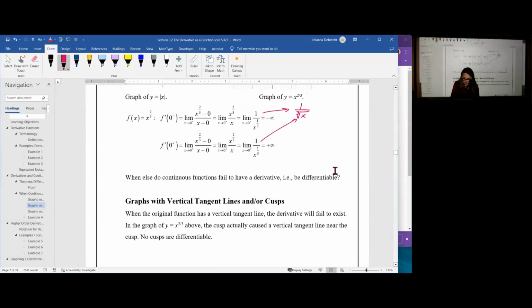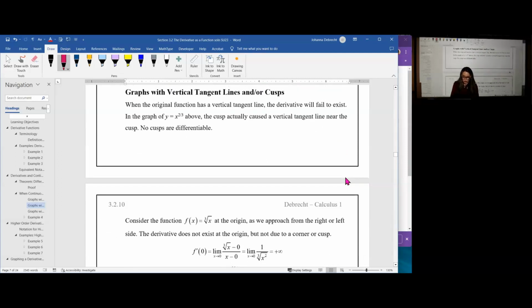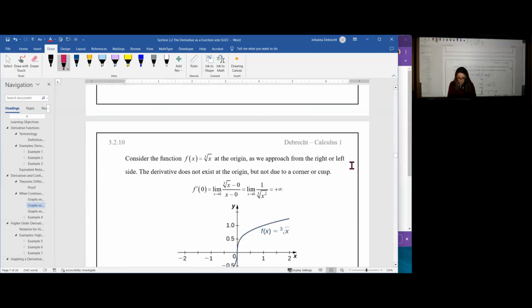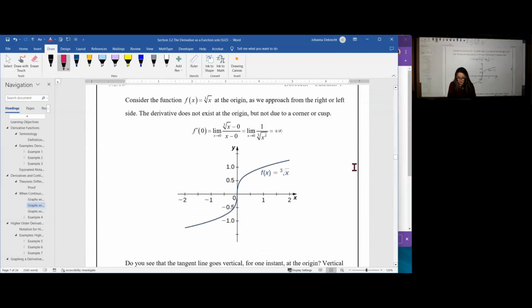Now let's take a look at another type of problem where we have vertical tangent lines. We're going to focus this time on the graph of the cube root of x. This graph is smooth and it's continuous. You can draw it without picking up your pencil, but it's not differentiable at 0.